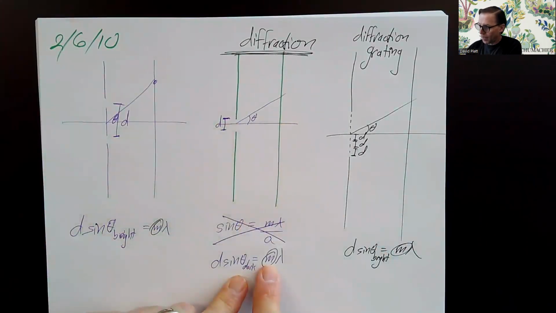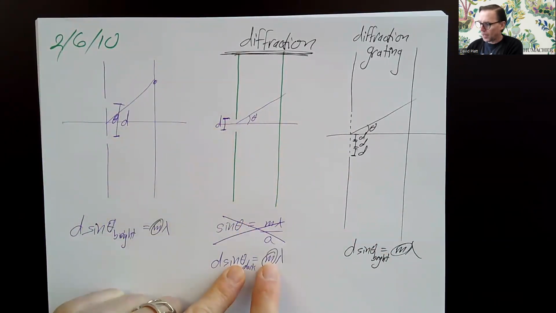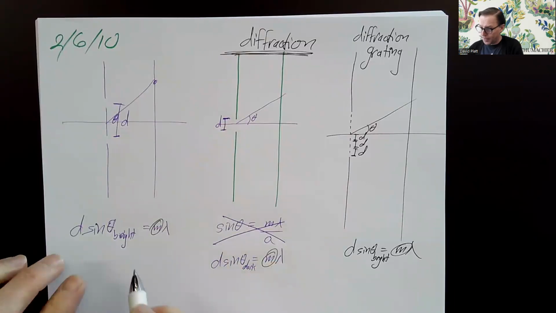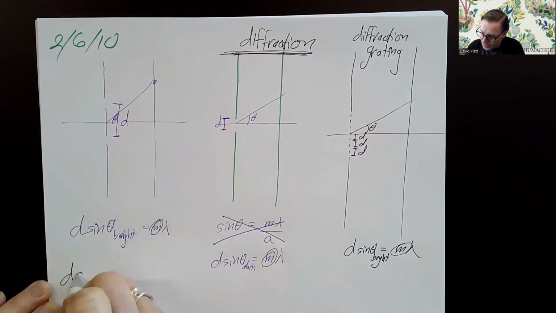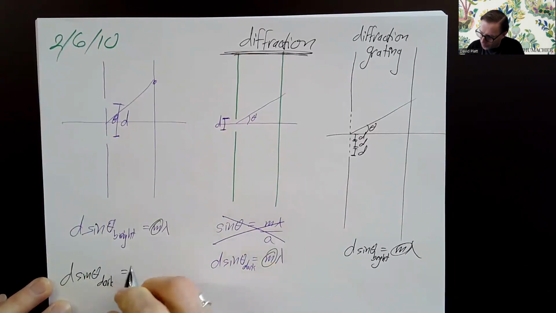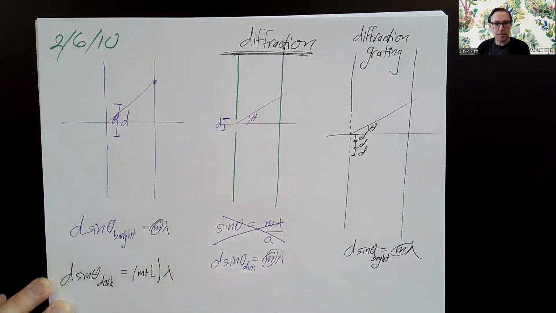So I wouldn't plug in, just a second. If I plug in 0, that would give me an angle of 0, and that doesn't give me darkness. So the first number I would plug in for m for this one would be 1. But if I were to replace this, for d sine theta dark equals (m plus 1/2), be sure to put parentheses, times lambda.